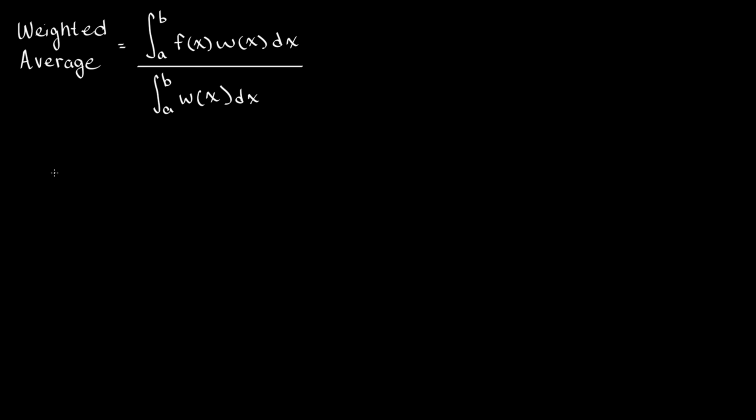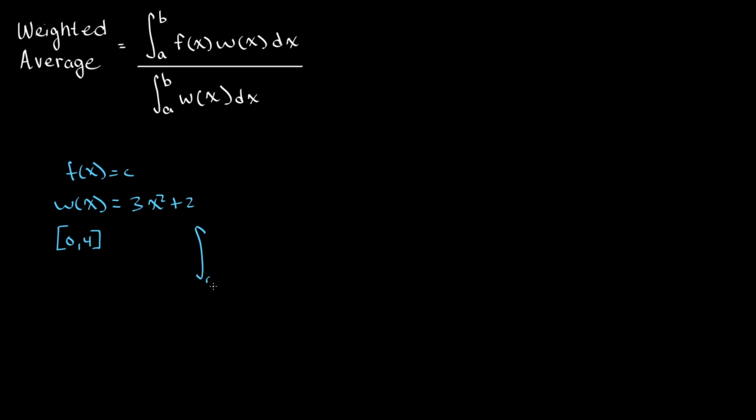So if I were to just play this out with you, if we were to say that f of x is a constant function, and then we had a weighting function, and it was 3x squared plus 2, just as an example, and we were looking at the interval from 0 to 4. And you could pause the video and try to calculate the weighted average if you'd like, and filling this in, we would get the following.